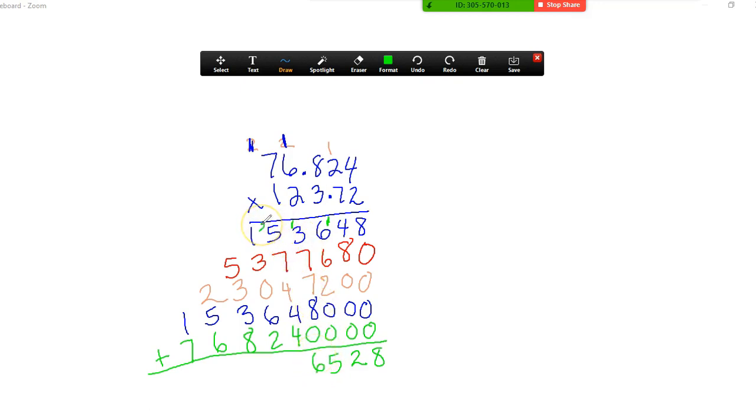Carry the 2. Sorry about that, guys. Here we have 12 plus 7, which is 19. 19, 20, 21, 22, 23, 24, 25, 26. Carry a 2. And then 6 plus 2 is 8, plus 3 is 11, 12, 13, 14.